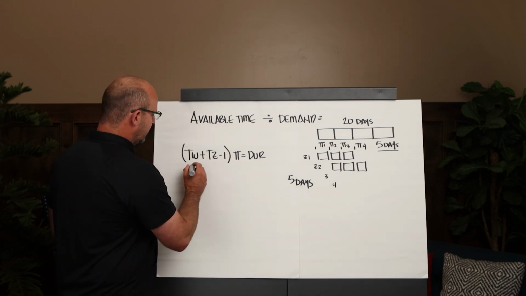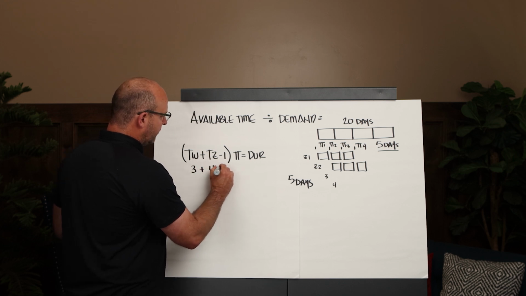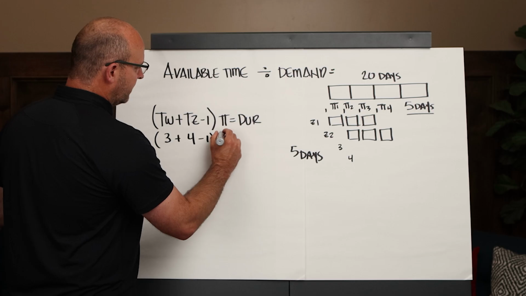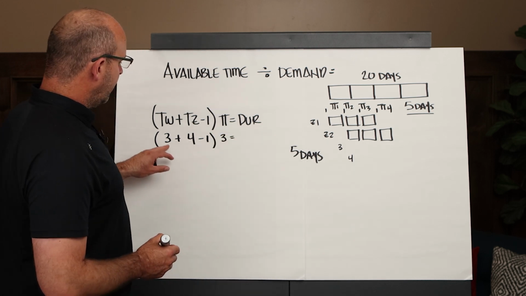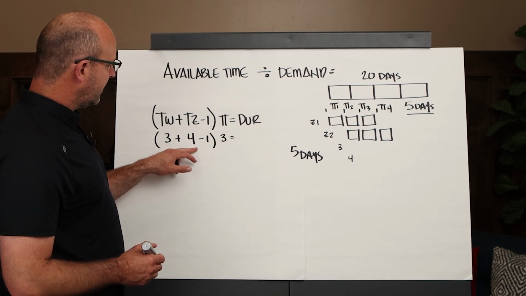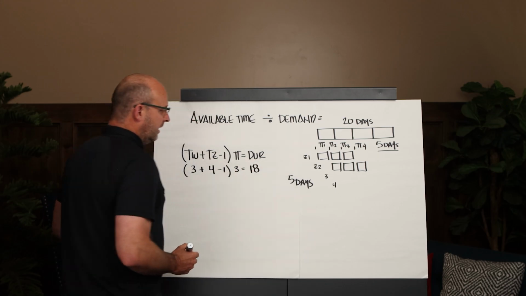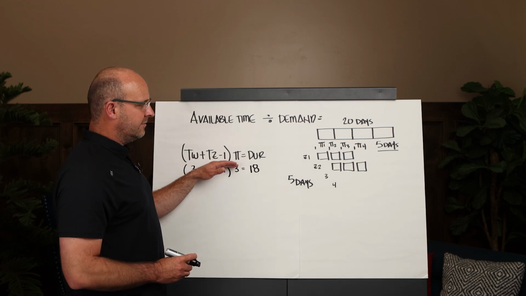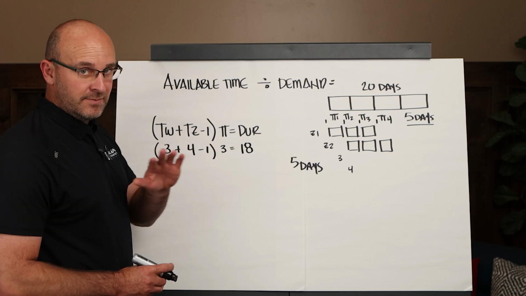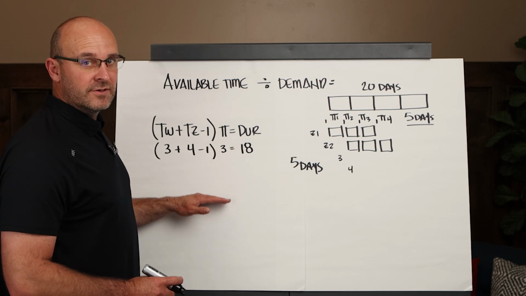So we have 3 takt wagons, plus 4, minus 1, multiplied by a takt time of 3, and let's do the math. 3 plus 4 is 7, minus 1 is 6. 6 times 3 is 18, right? So the original one that we did was 20, now it would go to 18. If you make the zone size smaller, I'm just making this up now, don't think I calculated this, it would go to 16, 14, 12.